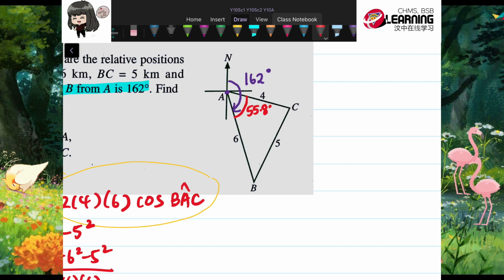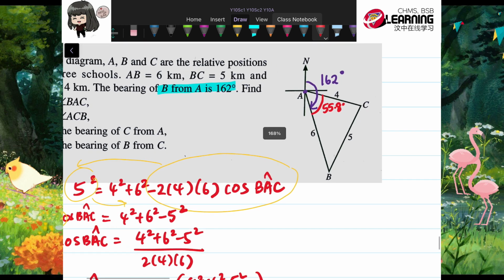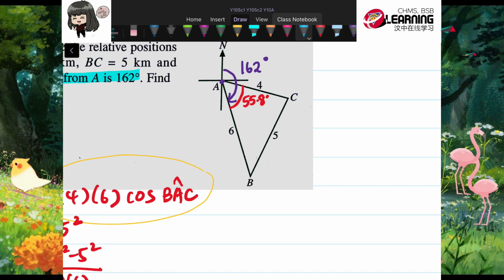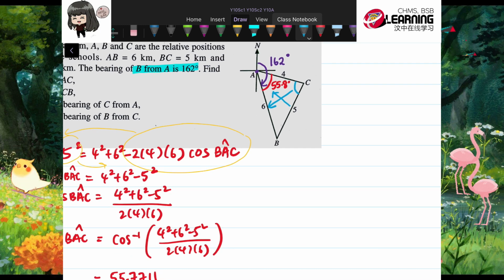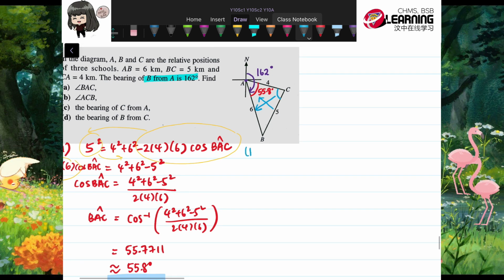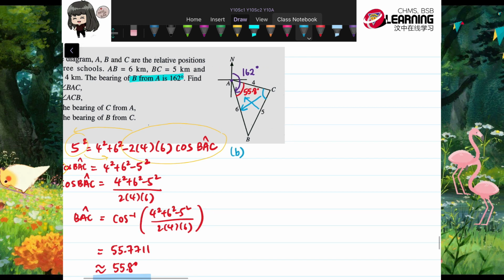Next, they're asking you to find angle ACB. ACB is here. So we can use the sine rule, with the 5 and the angle 55.8, and also the angle with the 6. For part B, we use the sine rule.